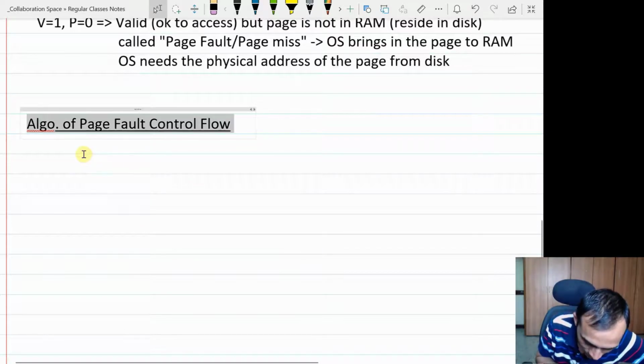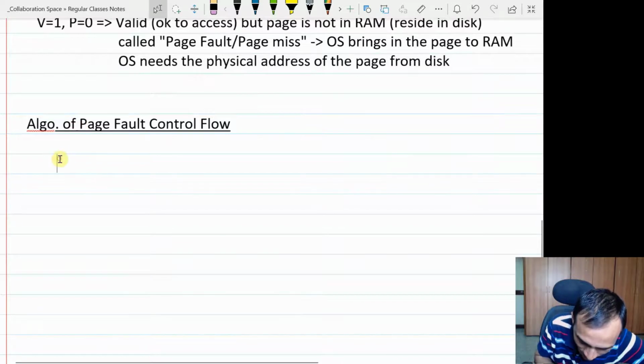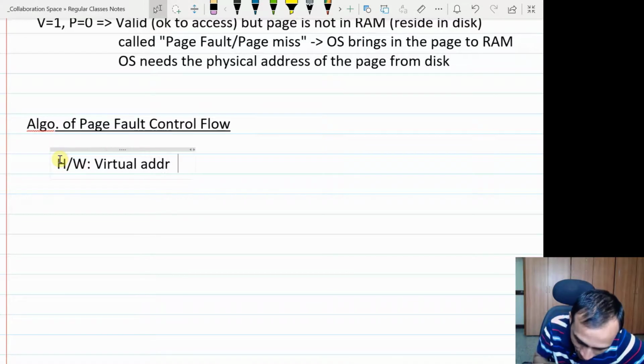it here. So first the hardware will basically get the virtual address. It will find out from the virtual address how many bits for VPN, how many bits for offset, depending if it is a simple linear page table. If it is more complex, then it has to do all that.